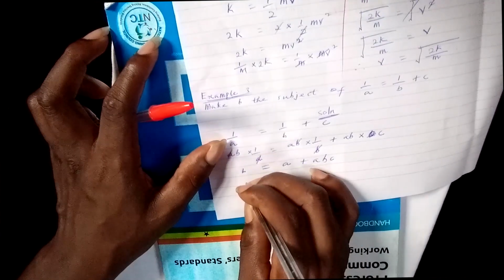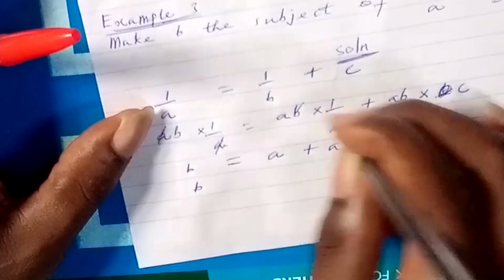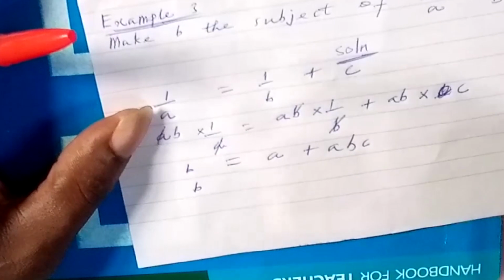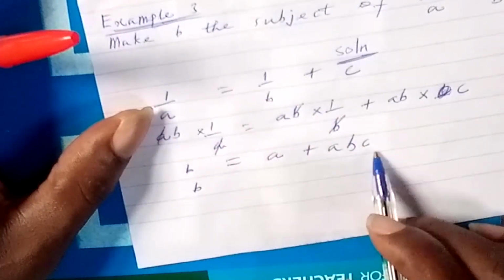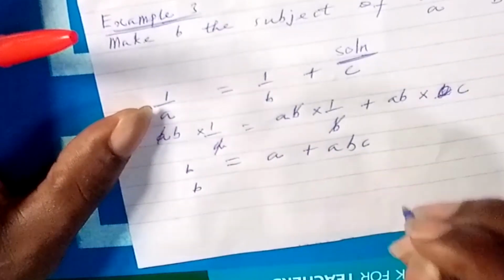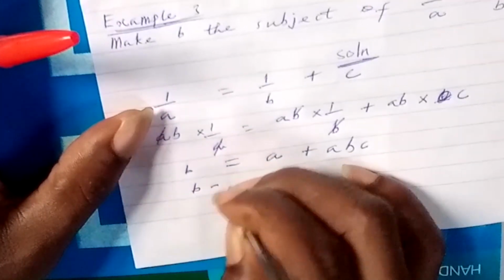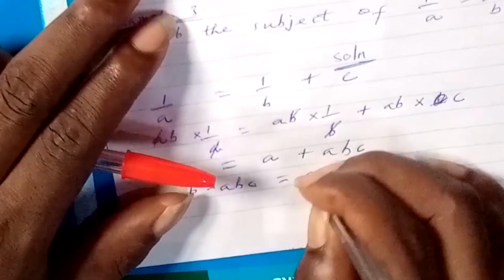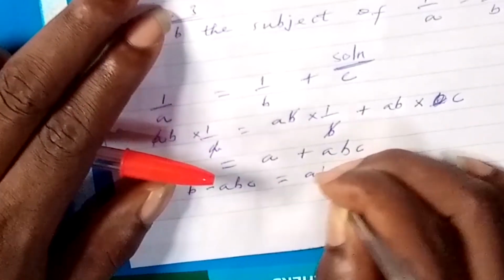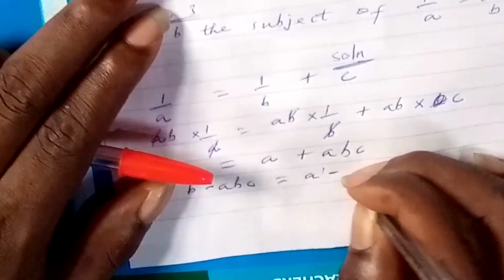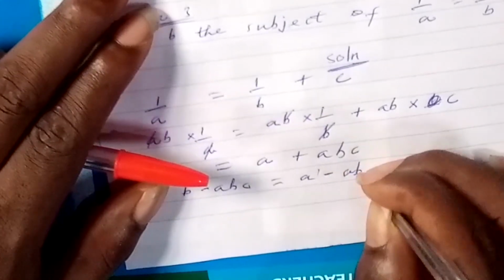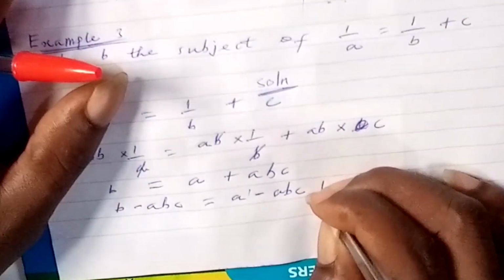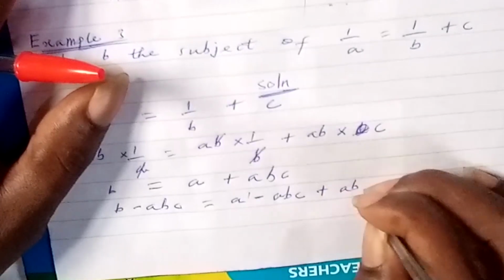So b is already here and we are trying to subtract through by abc. Subtract through by abc. So minus abc is equal to a minus abc plus abc.